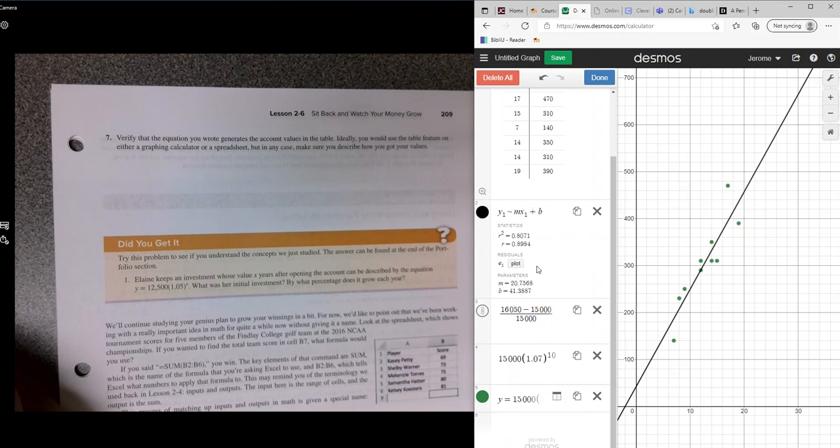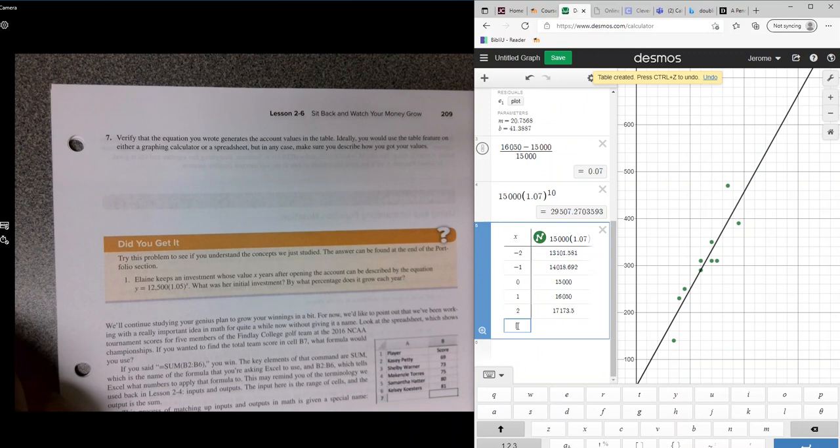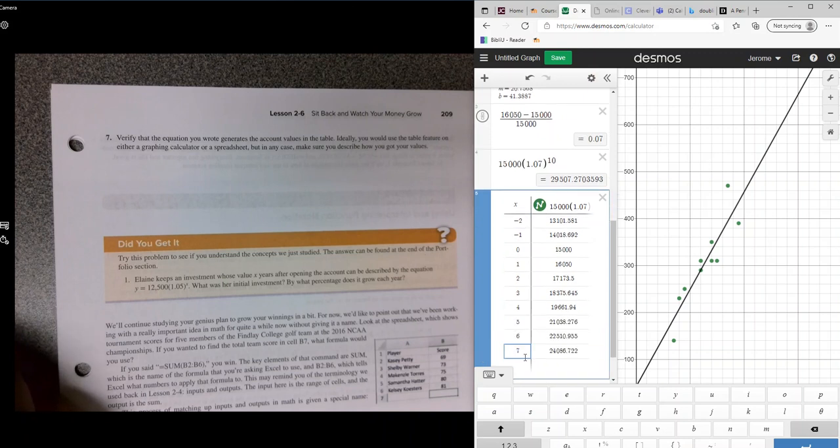Now, if you notice here, we have some values here, but you could type in the other values. You can go all the way to 7. And as you see here, the values we have does mirror what we have in the textbook. We just have to round to 2 decimal places. And that's it. So we did prove that from 0 all the way up to 7.